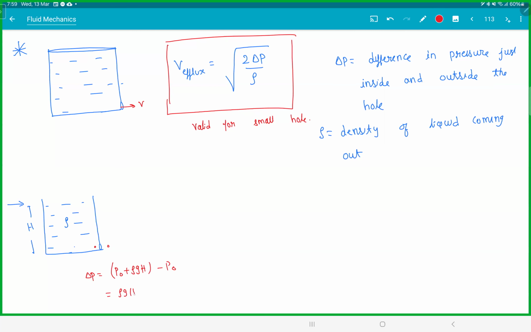So the pressure difference is rho gh. So velocity will be root over 2 times rho gh by rho, which is root 2gh. Got this? Suppose I give you a case like this, then what will you do? So this is one case.